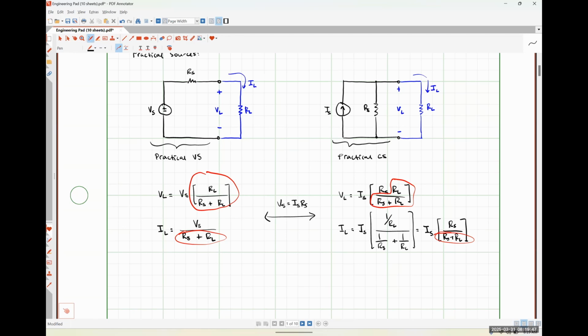So let's look at your in-class assignment problem on the first page, and let's go over what the rules for this are.